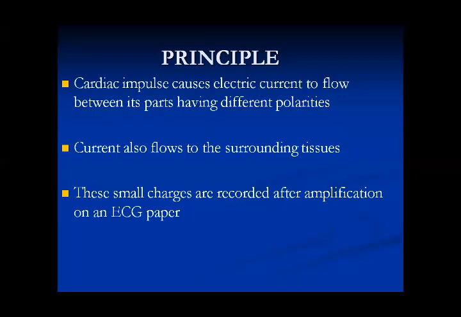So some part of the heart has to be depolarized and some has to be polarized, right? Otherwise, if the whole heart is polarized or the whole heart is depolarized, there would be no flow of current, and then there would be no graphical record, right? So to have this graphical record, we need this polarity difference between the different parts of the heart.